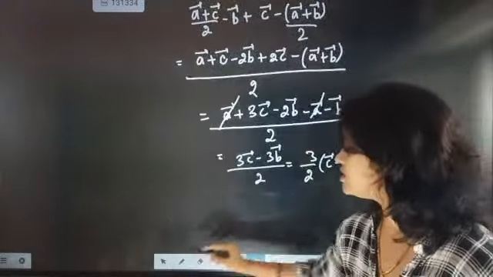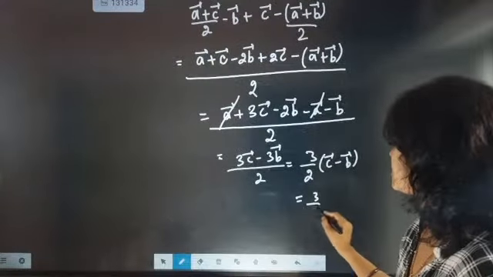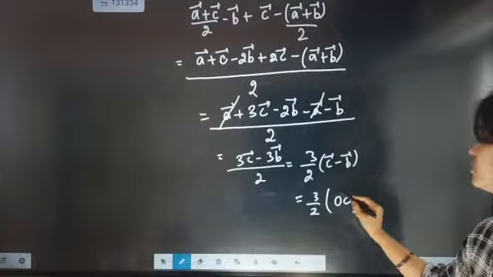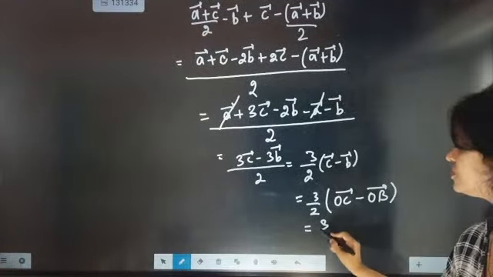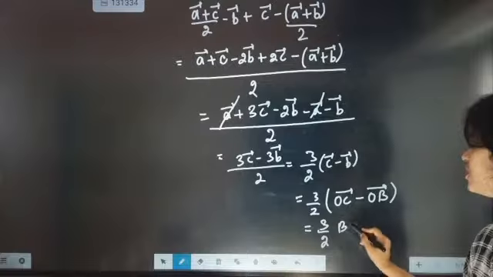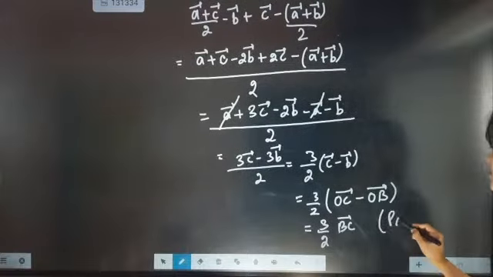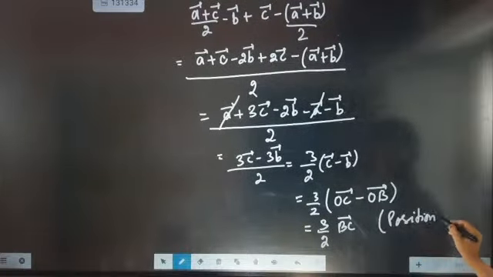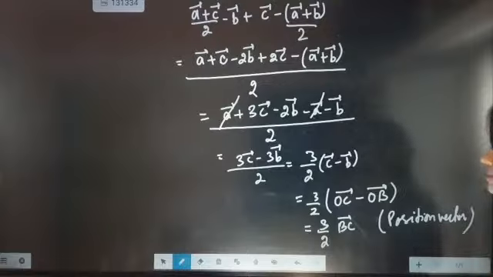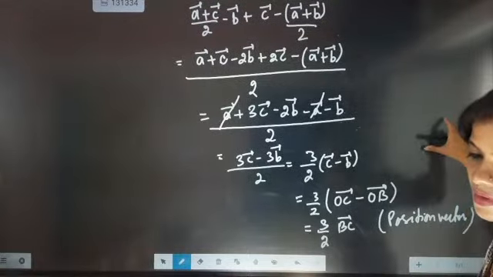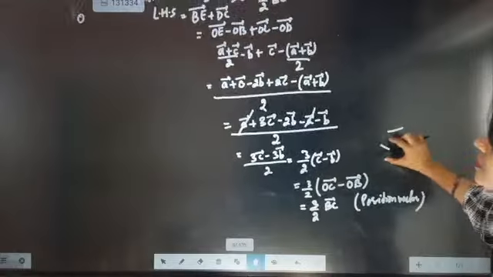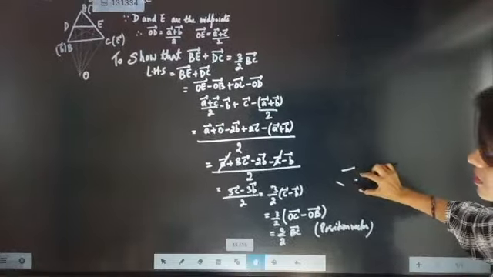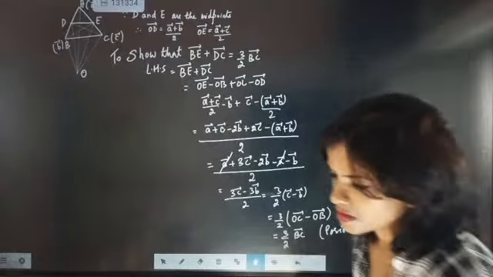Now you know that C vector can be written as OC vector, B vector as OB vector. So it is coming as 3 by 2 BC using position vectors. Understood?